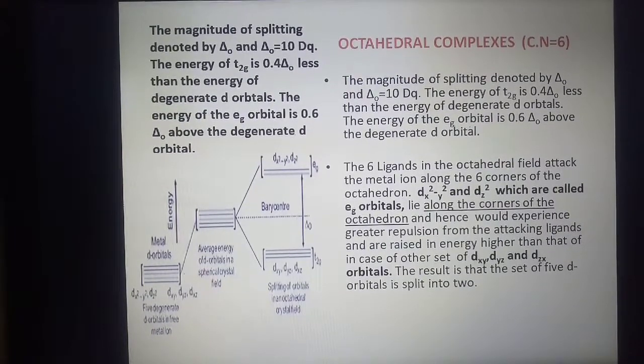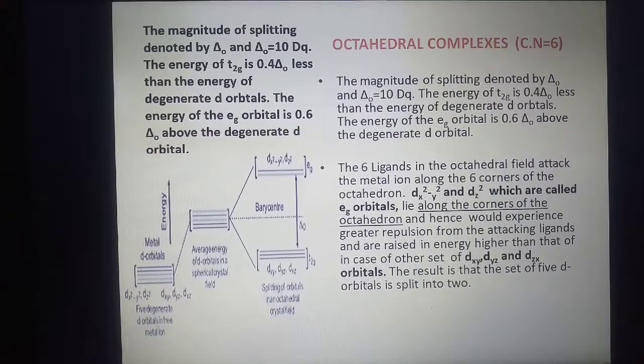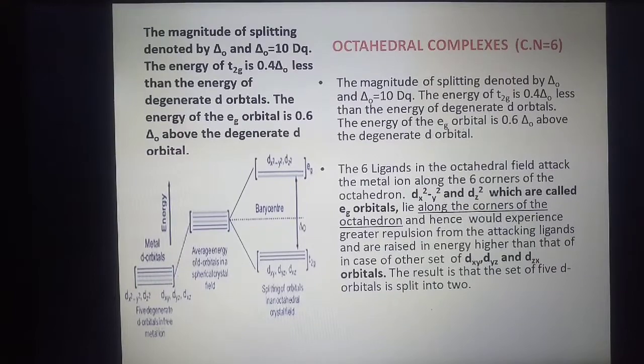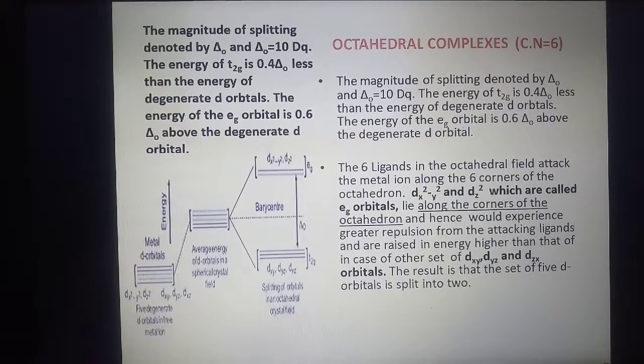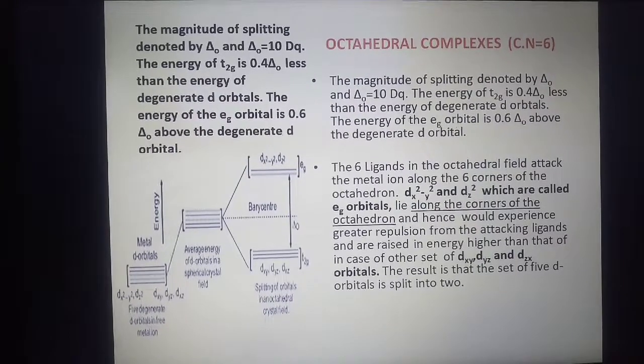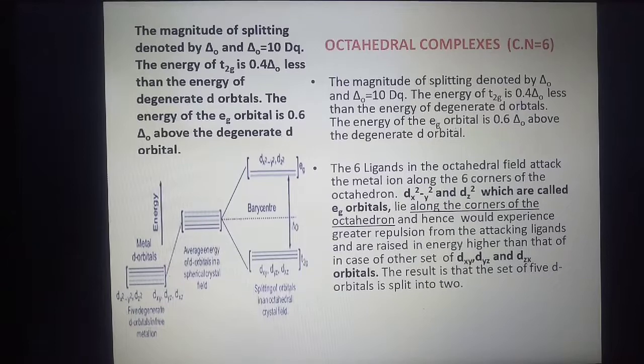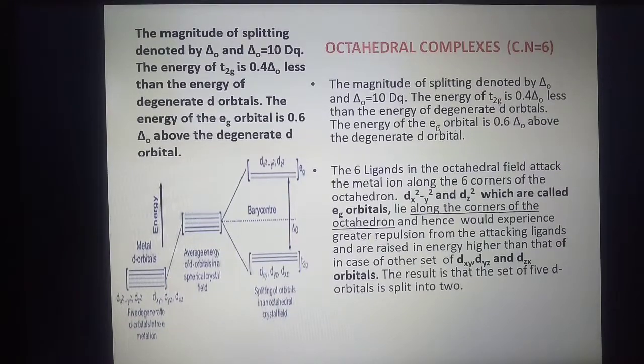The 6 ligands in the octahedral field are attacking the metal ion along the 6 corners of the octahedron. The dx square minus y square and dz square, which are called the Eg orbitals, lie along the corners of the octahedron.